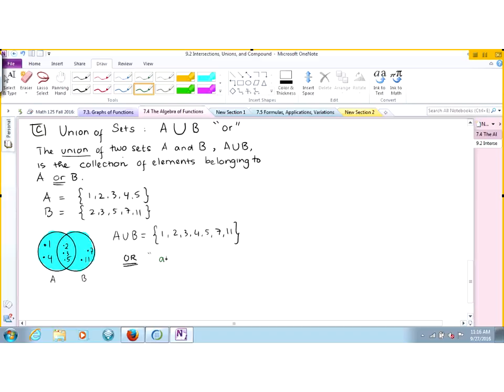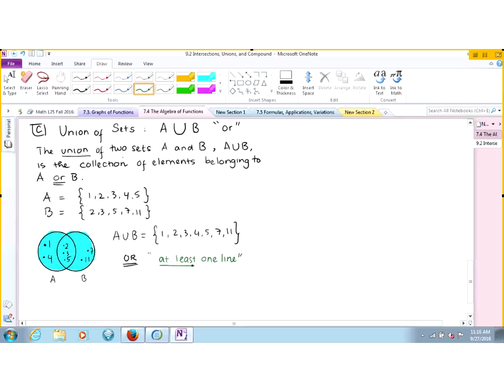Now later on, mathematically, OR means at least one line on top. At least one. Can it be 2? Yes. So it needs to be at least 1. Like 2 belongs to at least A, and also B. So either belong to A or B or both.